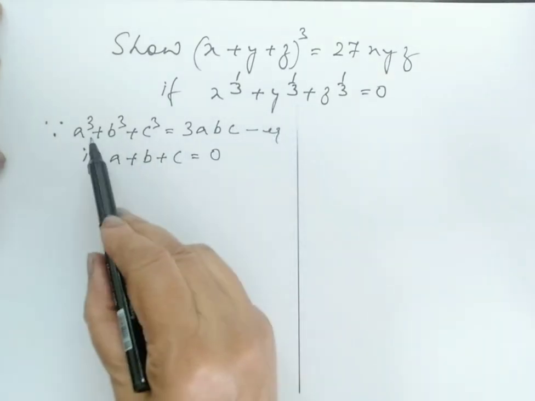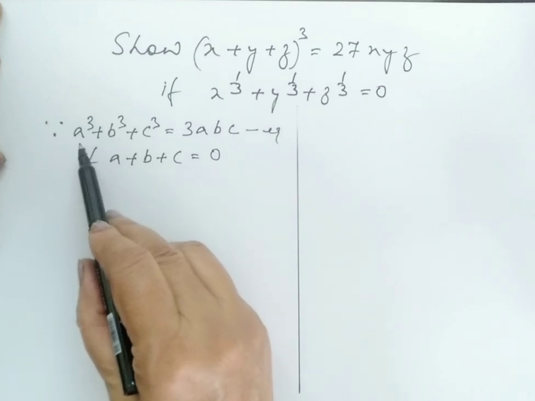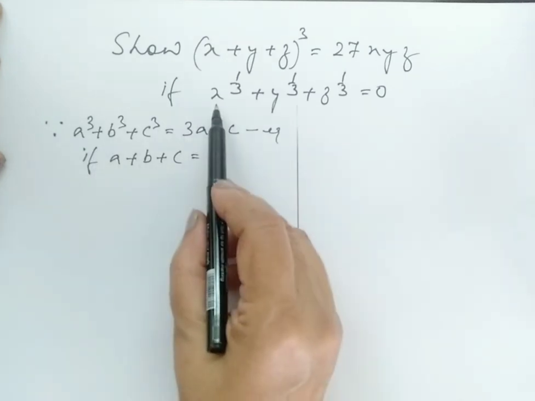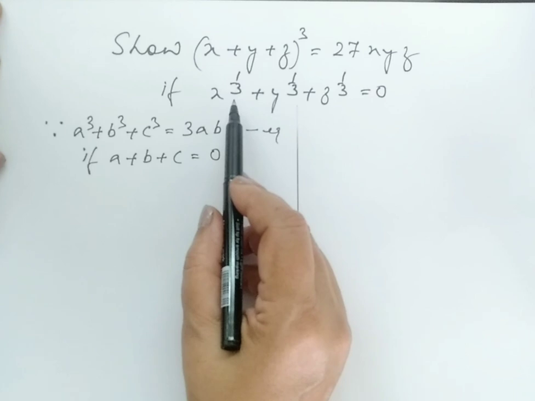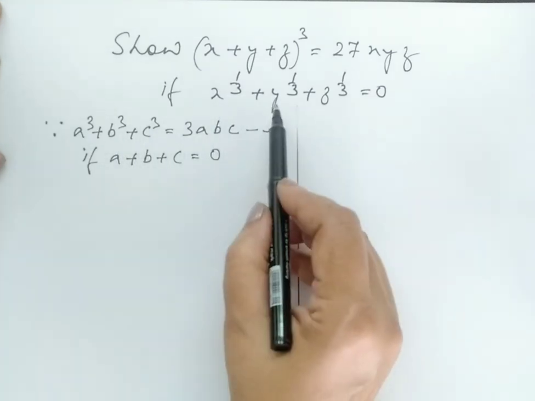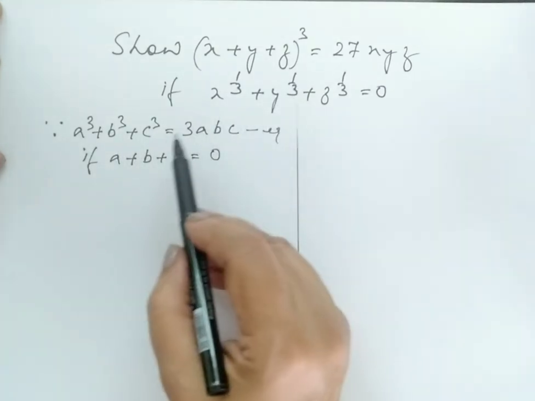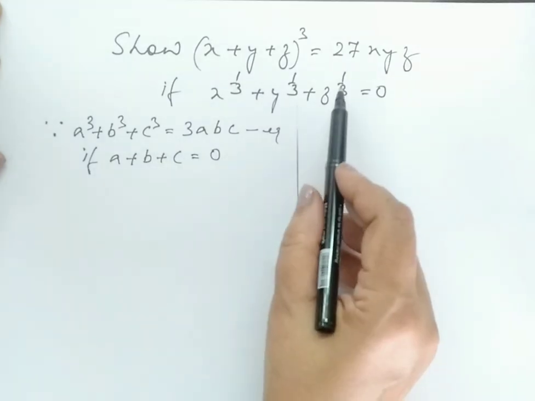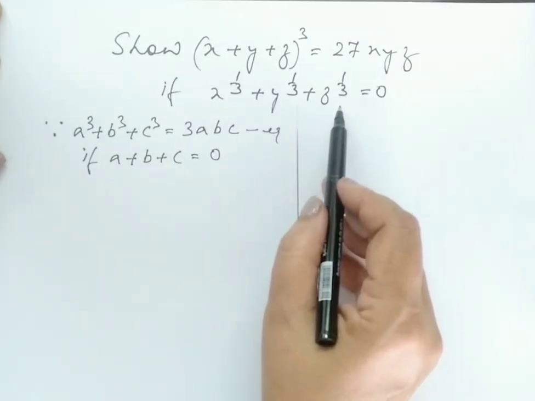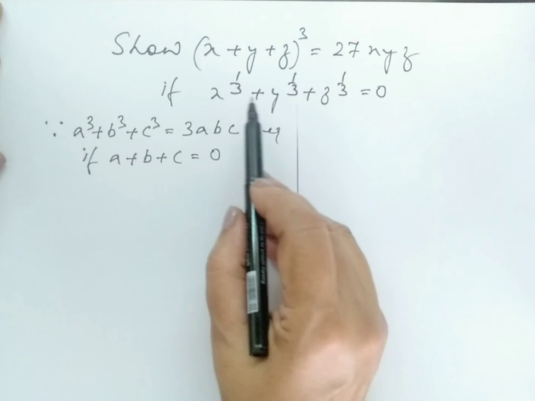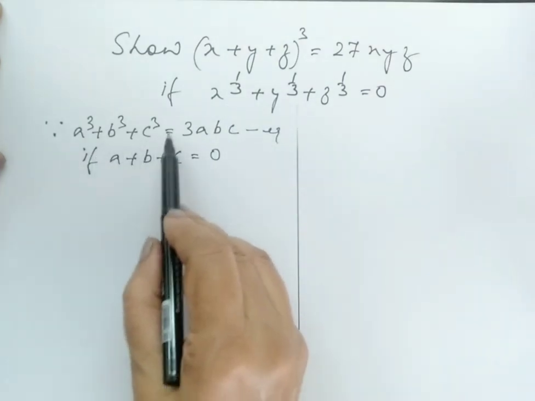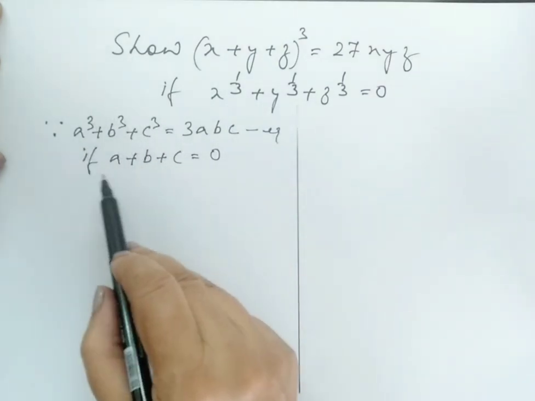What I mean to say is my a is x to the power 1/3, b is y to the power 1/3, and c is z to the power 1/3. Let's cube them to get the left hand side of the equation.